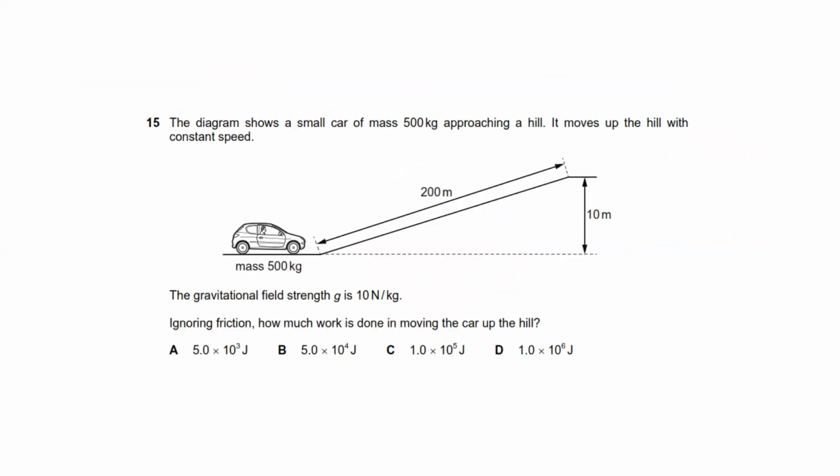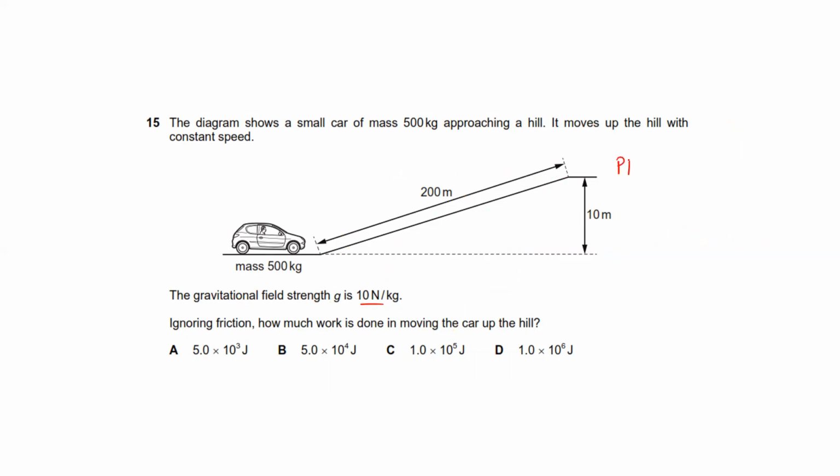Then question number 15. It says the diagram shows a small car of mass 500 kgs approaching a hill. It moves up the hill with a constant speed. The gravitational field strength is 10 newton per kg. Ignoring friction, how much work is done in moving the car up the hill? Work done is basically the energy gained by the car from moving from this level to this level.